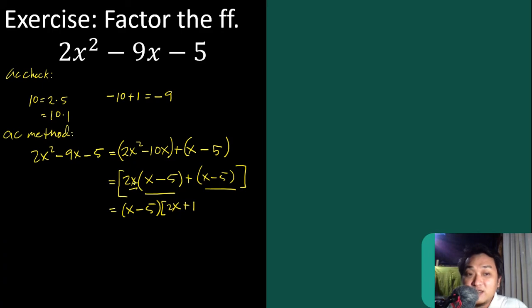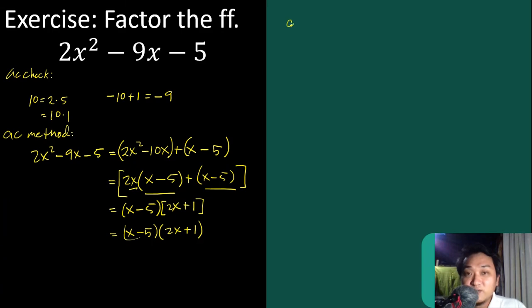Or simply, 2x times the quantity x minus 5 divided by the quantity x minus 5 is 2x. The quantity x minus 5 divided by the quantity x minus 5 is 1. And rewrite, that is the quantity x minus 5 times 2x plus 1.